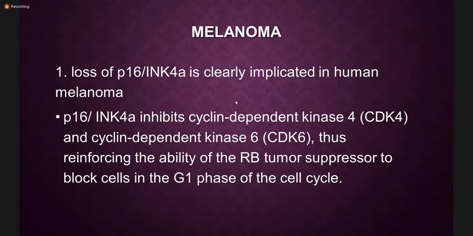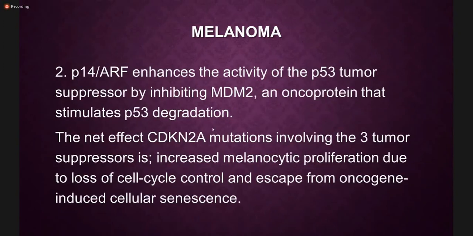Now, the loss of P16 is clearly implicated in human melanoma. P16 and P14 as well inhibit cyclin-dependent kinase 4, CDK4, and cyclin-dependent kinase 6, CDK6, thus reinforcing the ability of the retinoblastoma tumor suppressor gene to block the cells in the G1 phase of the cell cycle. So they do not let the cells progress from G1 to M phase.